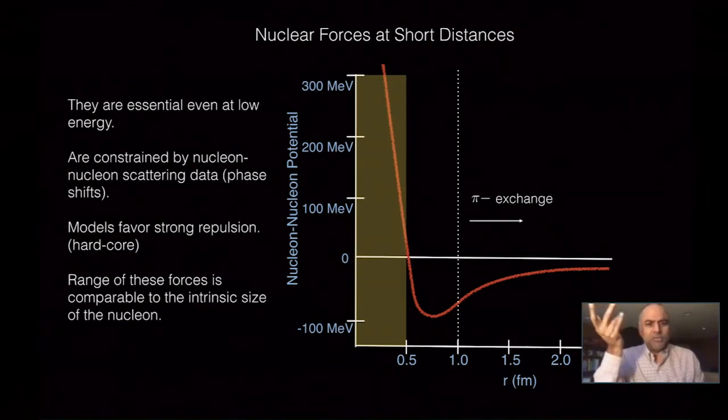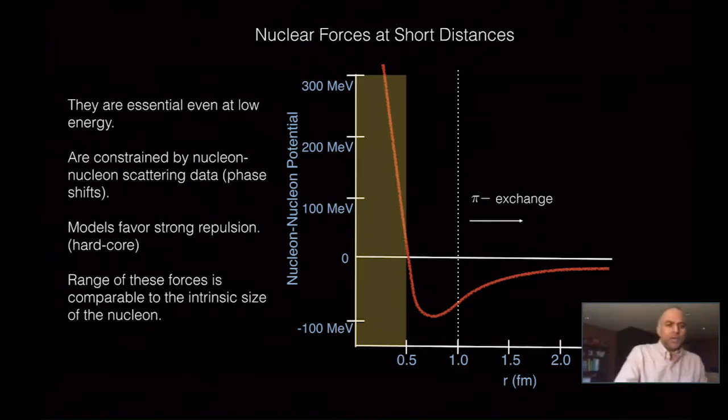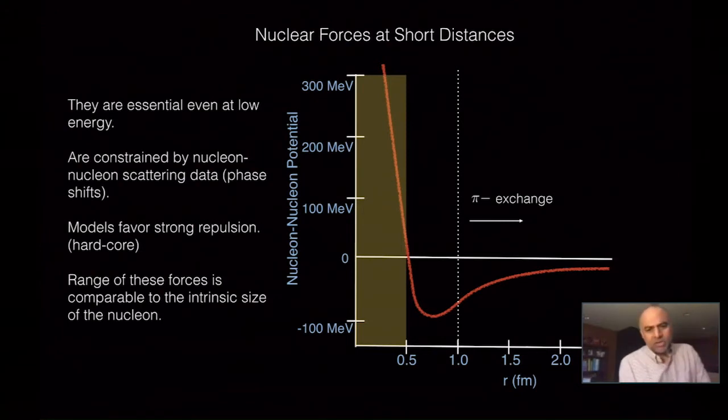So usually you use the data that we have from scattering two nucleons. We have very good information about nucleon scattering data, the scattering between a neutron and a proton, two protons, etc. And we measure something known as phase shifts from measuring the cross sections. So these phase shifts provide useful constraints on the nucleon potentials.